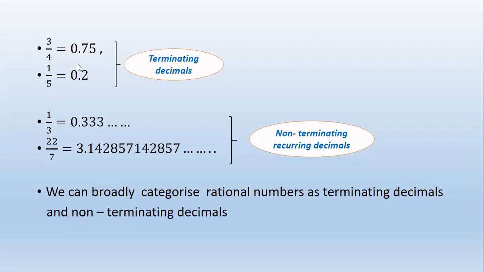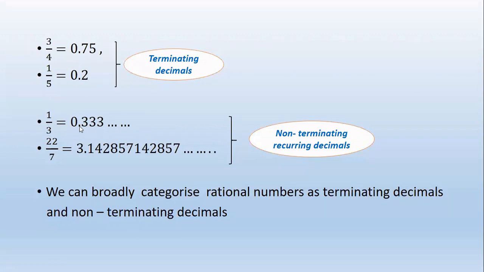In the same way, 0.2 is also a terminating decimal. If we consider 1 by 3, that is equal to 0.333 and so on. Here after the decimal, digits do not end, and hence it is a non-terminating decimal.